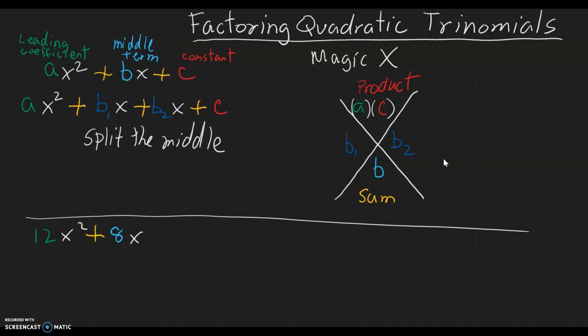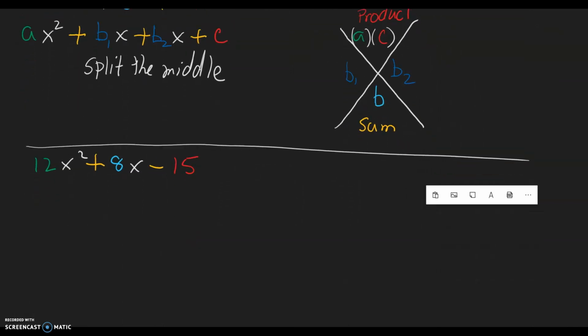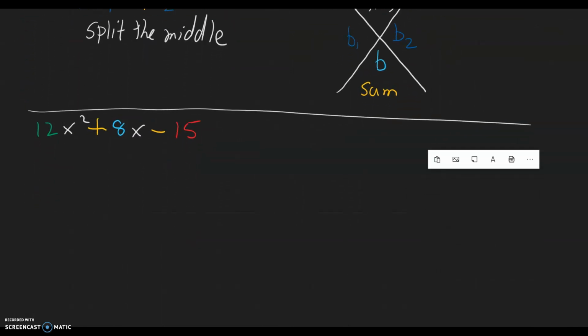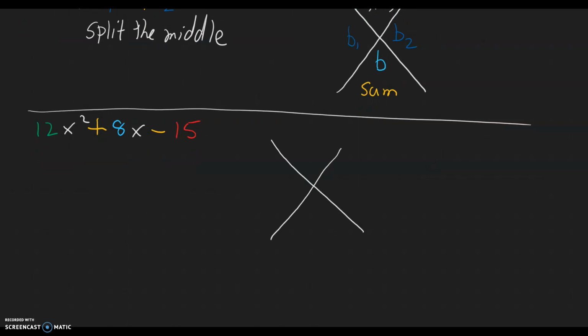You can have a negative constant, so I'm going to put a minus sign here, so minus 15. Okay, and that's our quadratic trinomial that we're going to be factoring. So we'll go ahead and make our magic X off to the right here. And in this case, I have a 12 for the leading coefficient and a negative 15 for the constant.